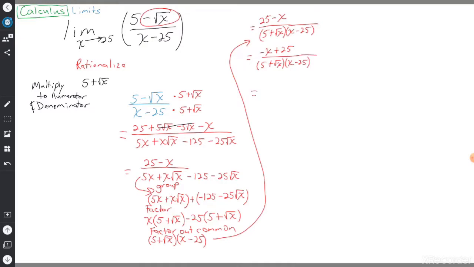All right, and we can go one step further because we can factor out a negative from the top part of the fraction, or the numerator. We take that negative out, and this now becomes x minus 25 at the top part.